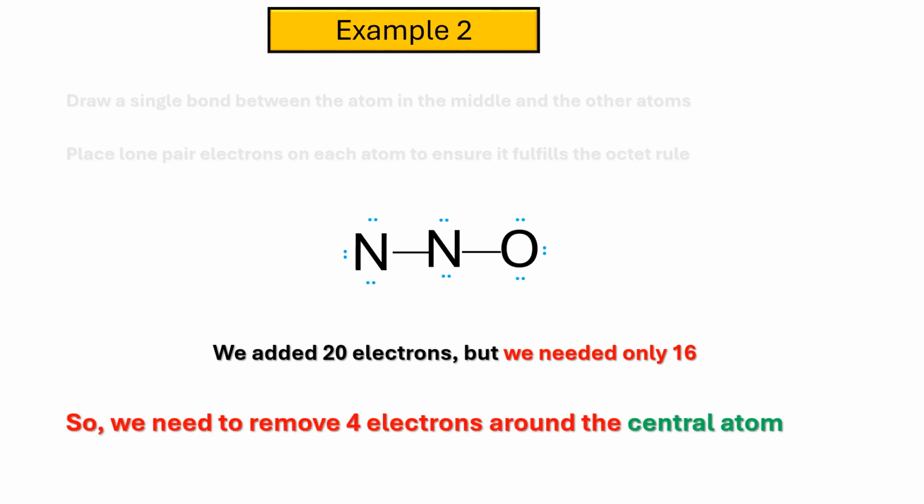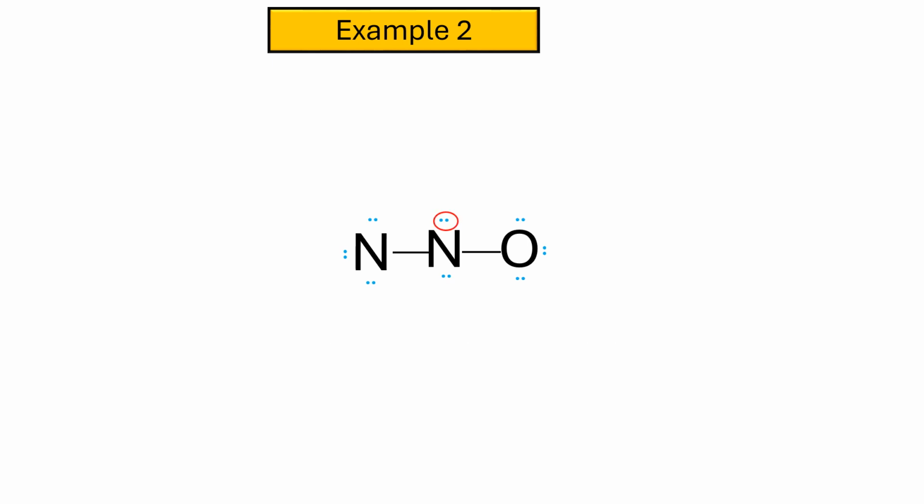Just like we did previously, we need to remove 4 electrons from the central atom, from the nitrogen in the middle. Let's remove those electrons. Now we have 16 electrons. However, the nitrogen in the middle is not happy because it did not fulfill the octet rule.